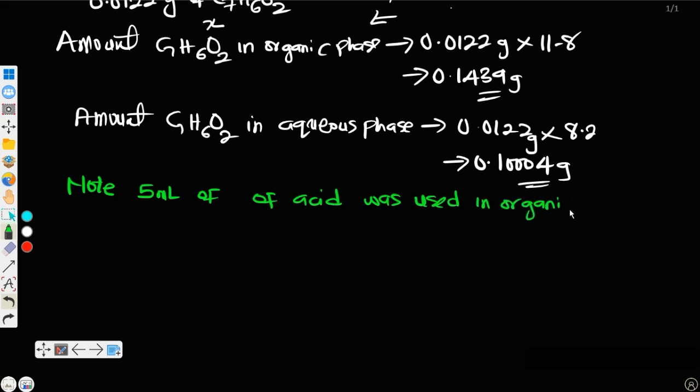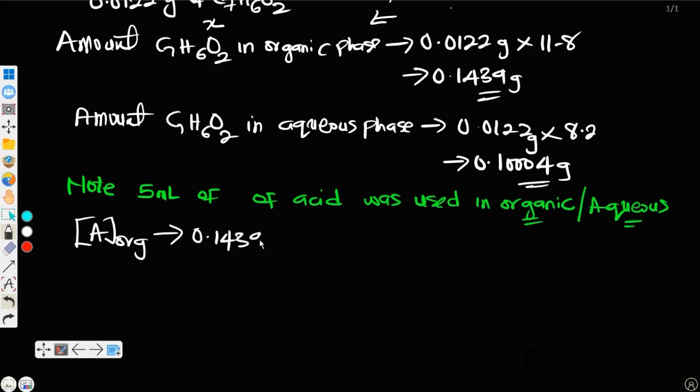That means you actually pipetted 5 ml of both the organic and aqueous phase, and the acid is present in both, because benzoic acid is what was partitioned between the organic and the aqueous phase. So it was the 5 ml of the acid that was used. So to get the concentration of the acid in organic phase, it will be equal to the amount in the organic phase, which is 0.1439 gram, divided by 5 ml.